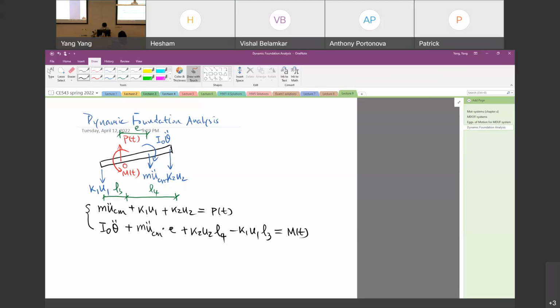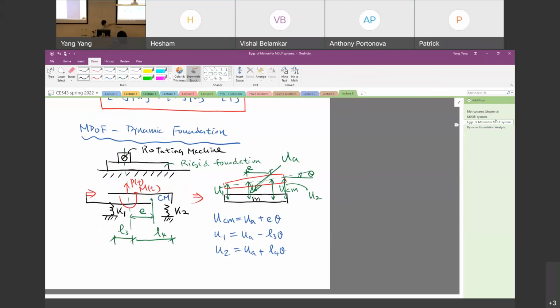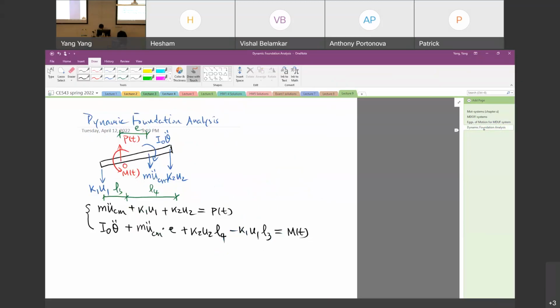Now we have only two equations, but so many unknown variables. Some variables are associated with each other, so we just use the relations between the displacement and the rotation here to rewrite the equations.